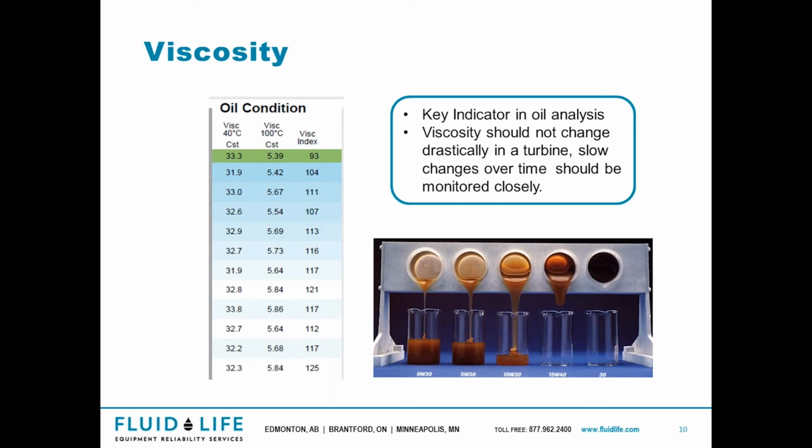Really what you want to see here is slight changes over time. Because these oils last for many, many years, you'll see this either thicken or thin over time, and you can make decisions based on that along with the rest of your data. But the general rule of thumb here is it's not going to change too much, and it's definitely not going to be the smoking gun of your reactions for your turbine oils.